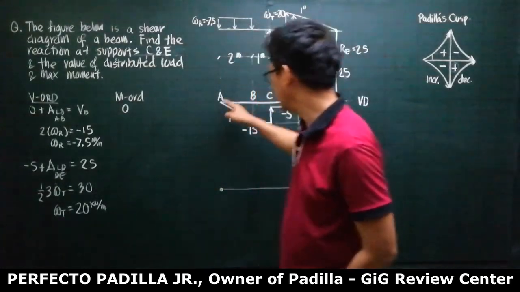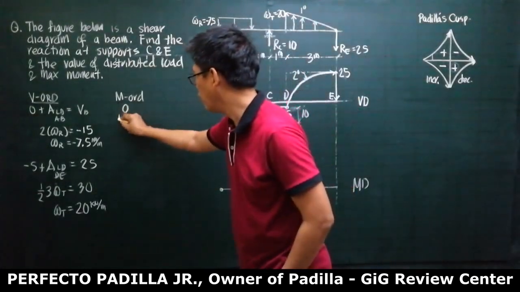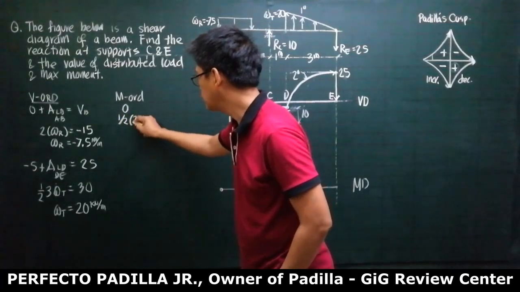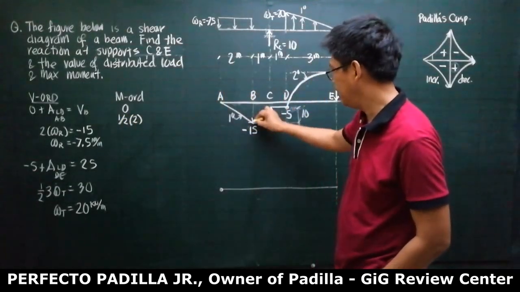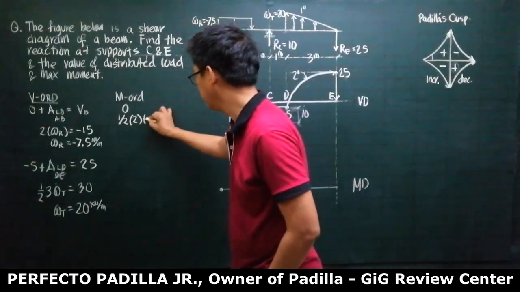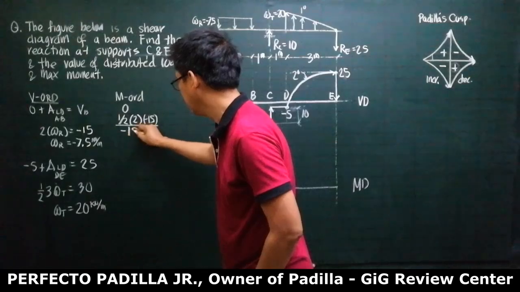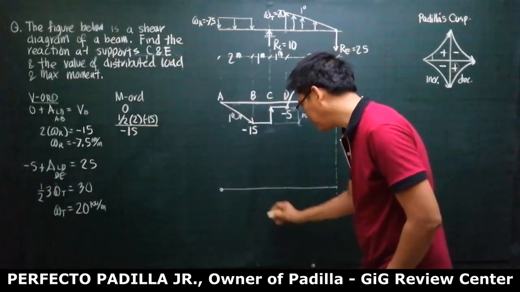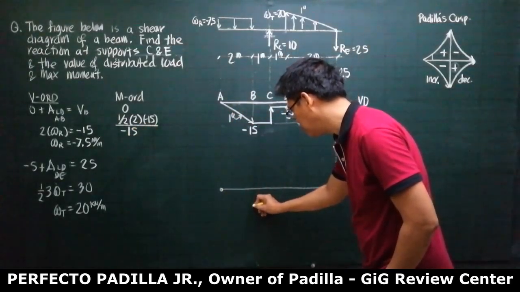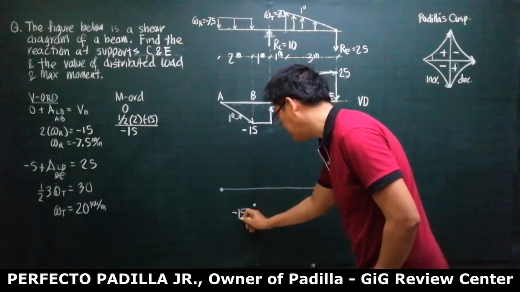So that would be the area of this is 1/2 of 2 by minus 15. So this is going to be minus 15. So the moment here is equal to minus 15.